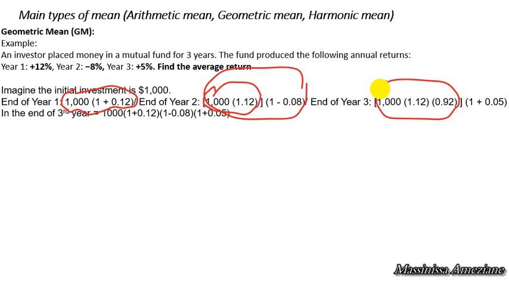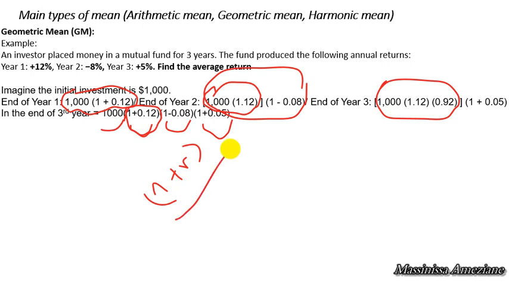So at the end of the third year, this investor will get 1,000 times 1.12, which is 1 plus the return rate of the first year, times 0.92, which is 1 plus the rate of return for the second year, and finally times 1.05. We call this the growth factor. 1 plus the return rate is called the growth factor.